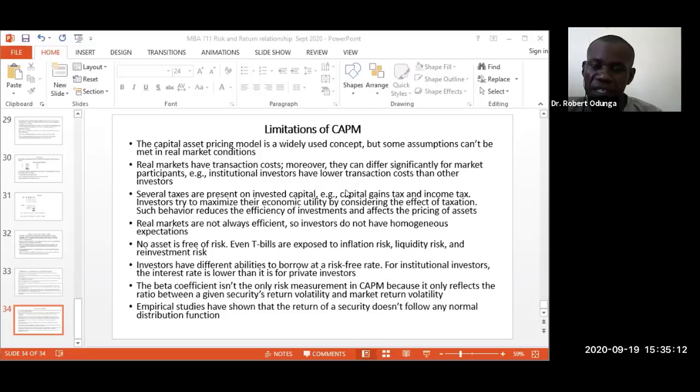There must be those who are privileged to have certain information, and not all participants in the market will have the same information. If you are a manager, then you tend to have more information because you've been keen and following up on the occurrences in the market.